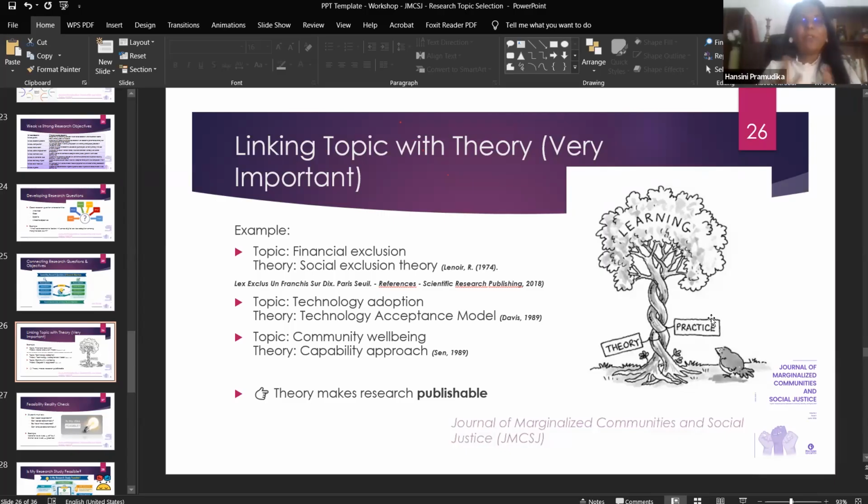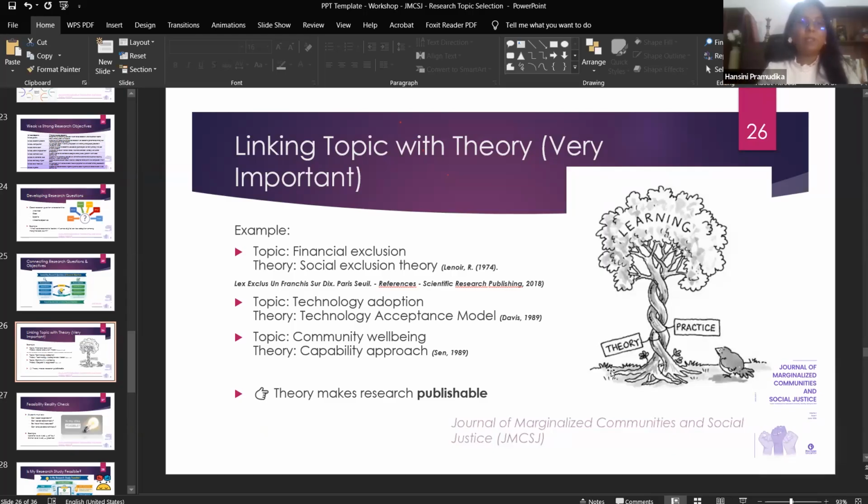That means you have to cite the article, and you have to put that citation in the reference list as well. Likewise, you have to mention their names and the theories, and you have to write a separate section in the literature review to discuss the available theories related to your research title. So see this picture, right? If you are a research learner, you have to integrate the theory with the practice, right?